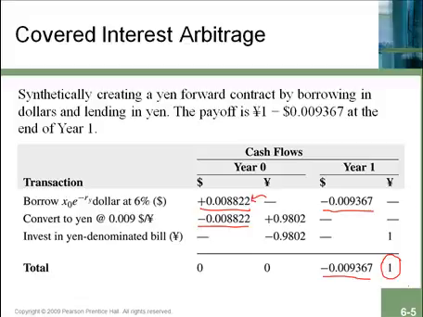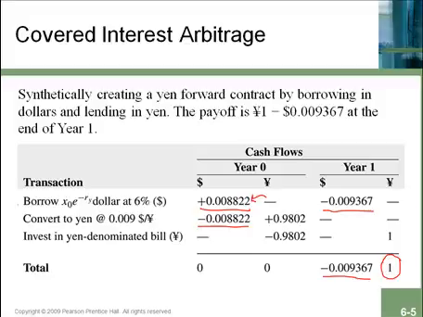On the other hand, if the forward price were lower, let's say it was only 0.008, well, in that case, I would execute a reverse cash and carry strategy. I would buy the forward contract on the yen, since it was underpriced, and then I would sell this synthetic yen forward contract that you see illustrated. How would I sell this contract? How would I take the opposite position?